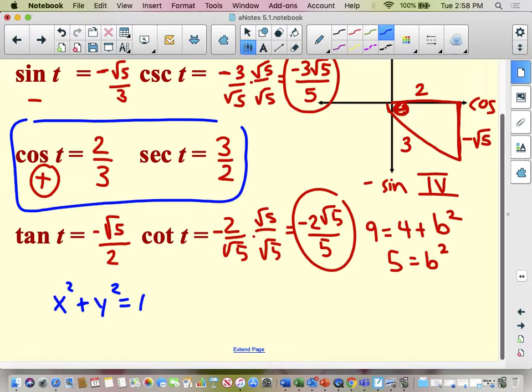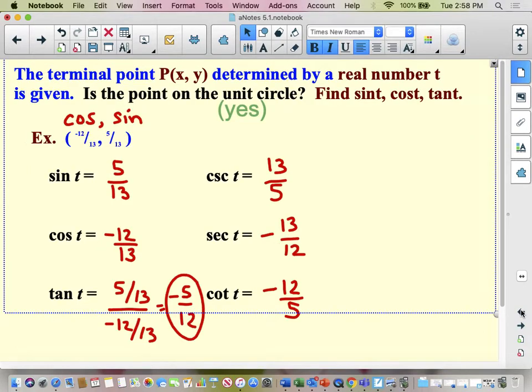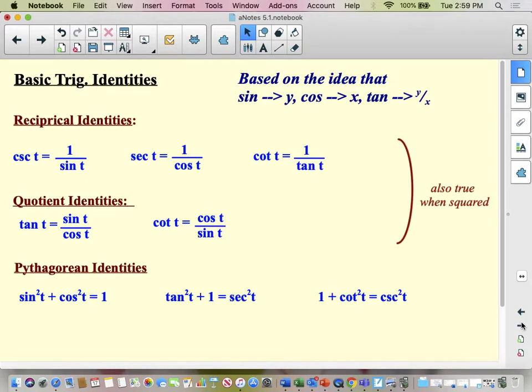I know my cosine is x, so that would be 2/3 squared. And then from there, you can figure out y. And y is sine. And once you know sine, you know cosecant. And if you know cosine and sine, you can use those ratios to find tangent. Okay, so we kind of did something like that in this previous example. So you have options, which honestly is what makes some of this hard.